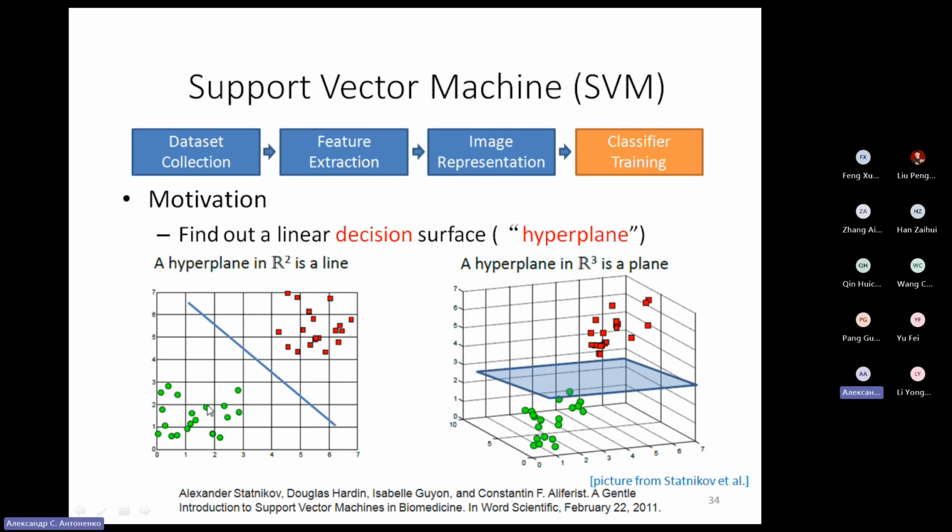So each point has 2 coordinates, and we can divide this space into two regions using a line. So some line divides this region. So the hyperplane is a line. In 3 dimensions, some plane divides this space in 2 parts. In more dimensions, this division surface will be more complicated. So we need to find this linear decision surface, so hyperplane.